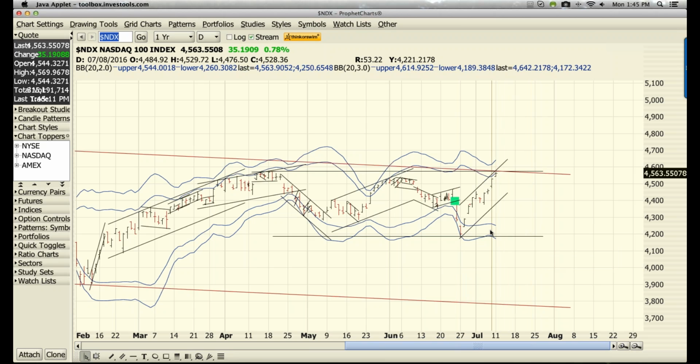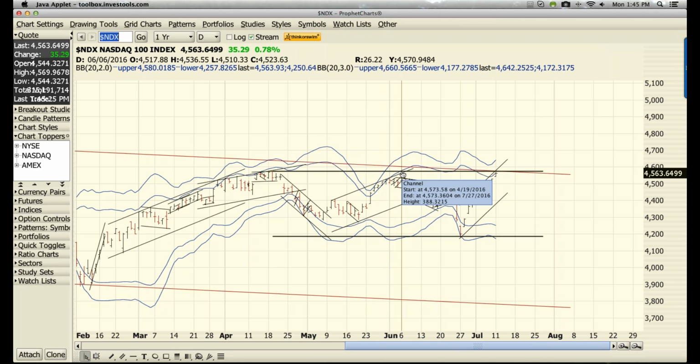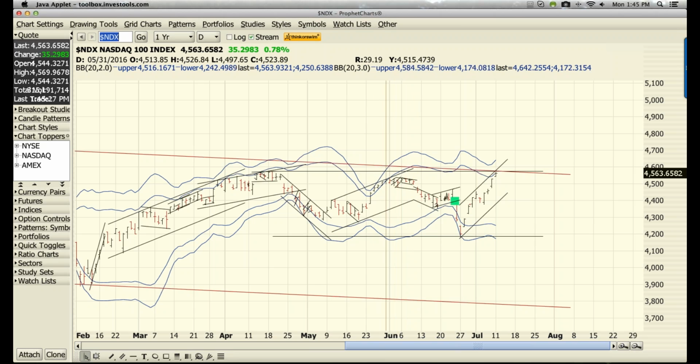And just to give you an idea of the magnitude of this pattern here, it's a 388 point range right here. So we're trading at the top of a 388 point range. We were at the bottom of that range as recently as the 27th of June. We were at the top of that range, and I'm going to say the top, we didn't get all the way up to that level of resistance, but we formed a natural level of resistance on the 3rd of June, and the previous bottom, although it wasn't all the way down to the bottom, was on the 19th of May.